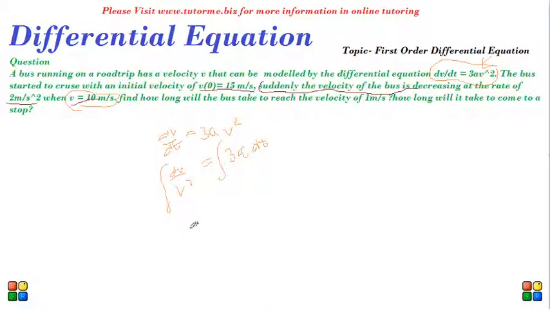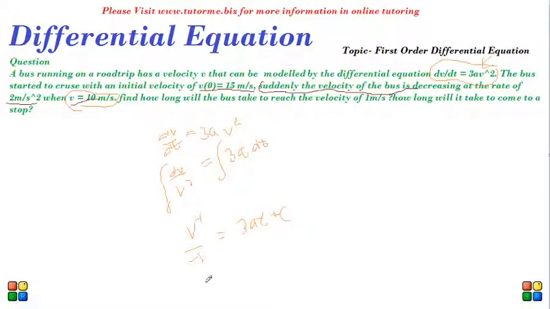On the left hand side, after my integration, I'm going to have v to the minus 1 over negative 1, and here I'm going to have 3at plus c. C is a constant I introduced after the integration because my integration had no limits.